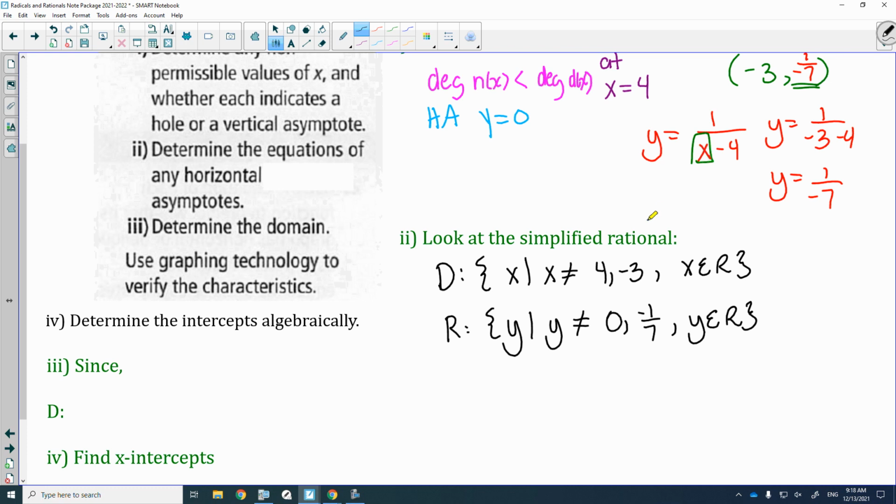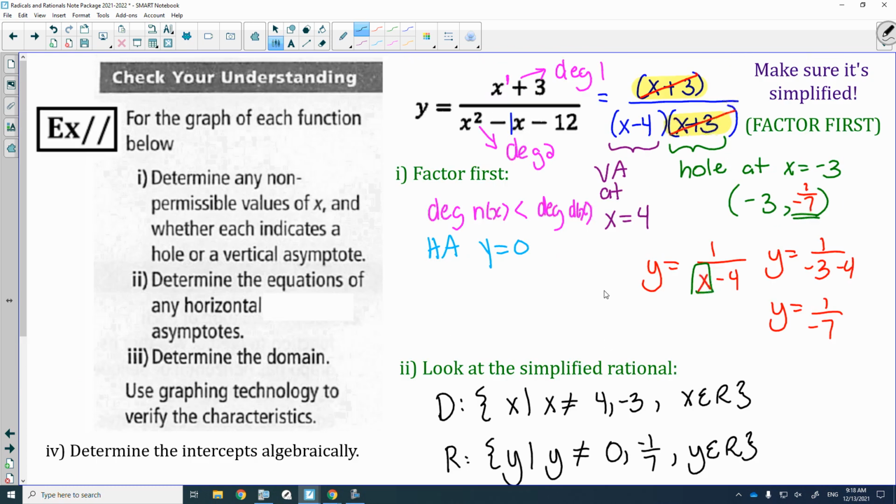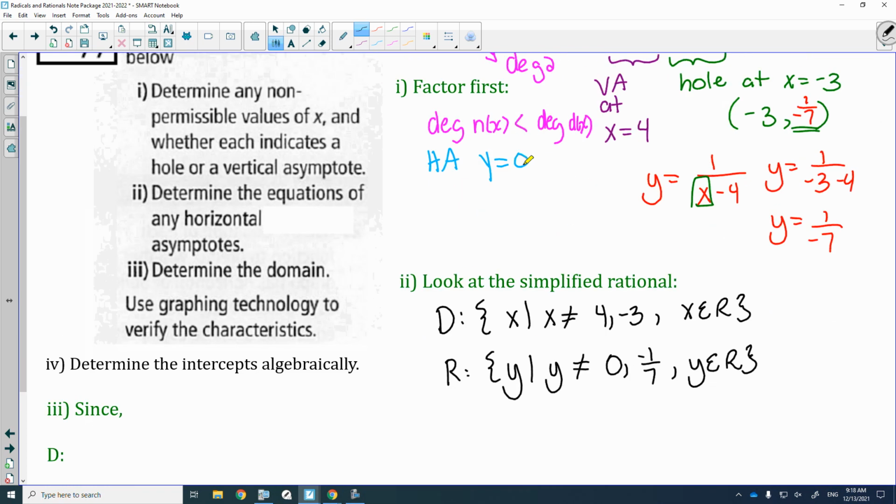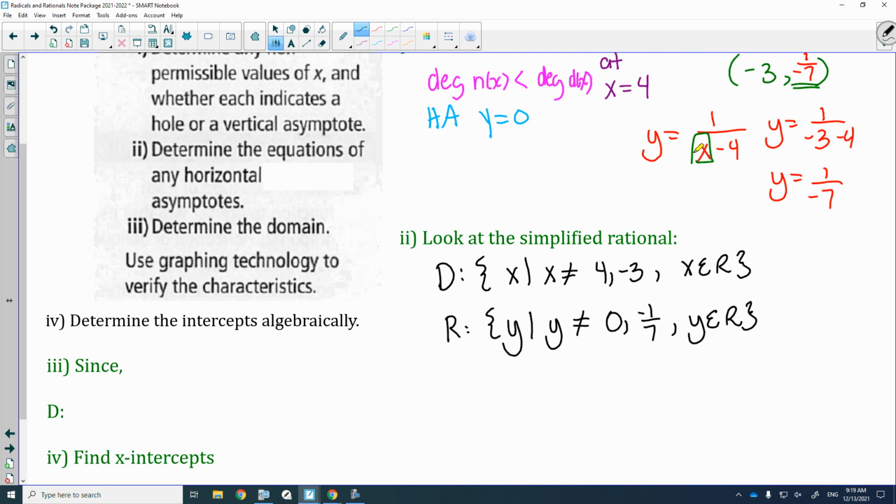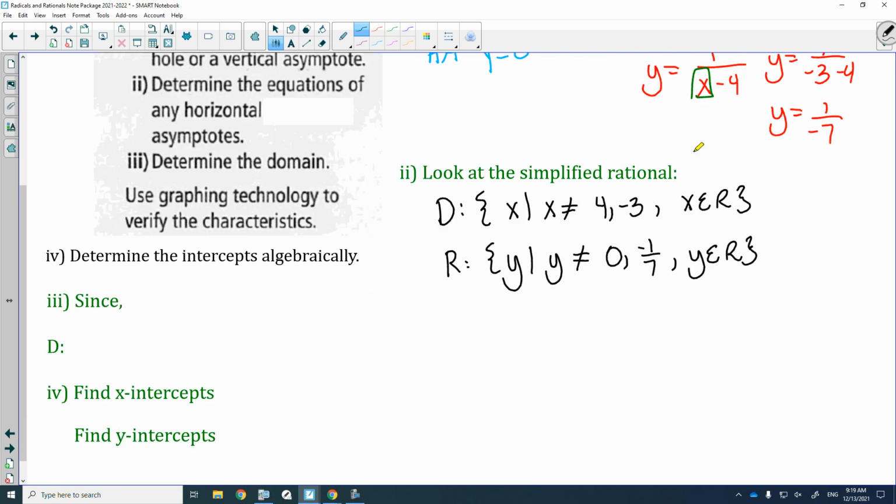Now we just need our x and y intercepts. So what you could do, you could put it into the original or into the factored form. Actually, it's easier to deal with the factored form of this equation. So let's write the factored form, which was y is equal to 1 over x minus 4. If you were looking for the y-intercept, you're going to let x equal 0.